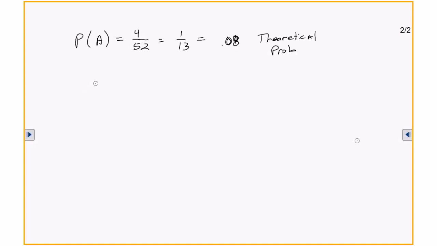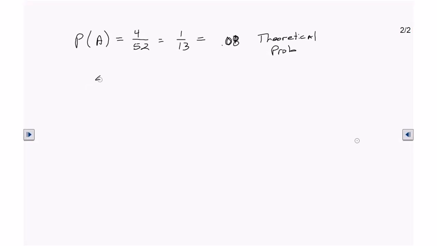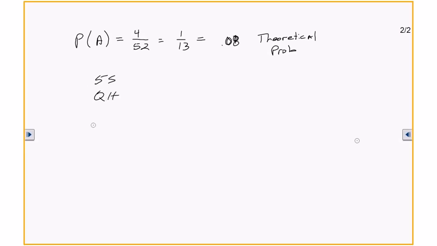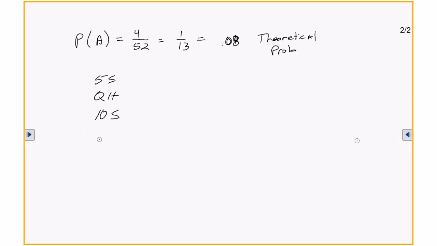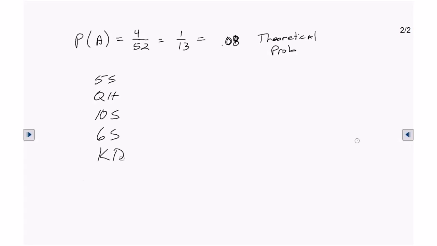My bad. 5 of spades, Queen of hearts, 10 of spades, 6 of spades, King of diamonds, 9 of spades, 5 of clubs, 2 of clubs, 5 of diamonds, and 3 of clubs.